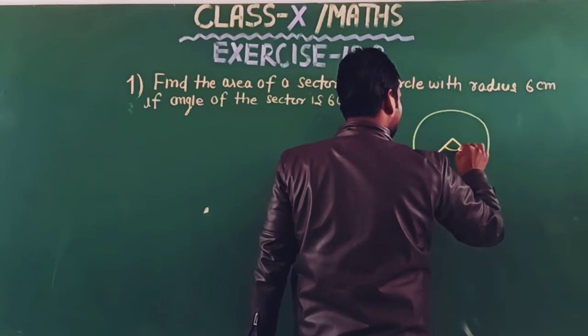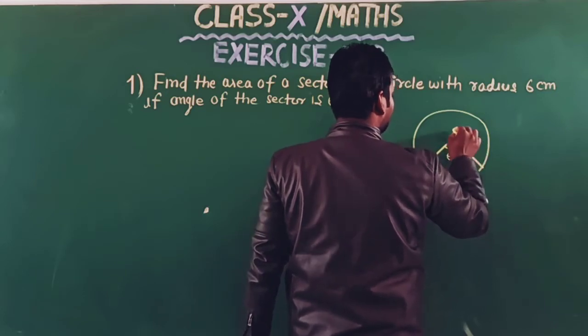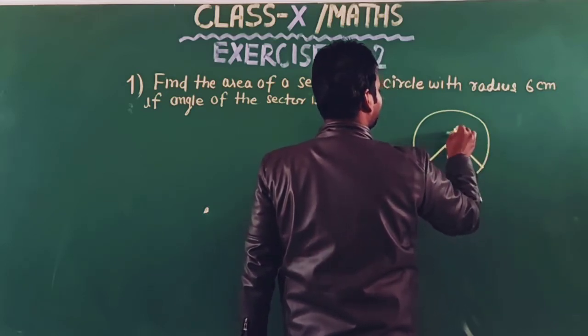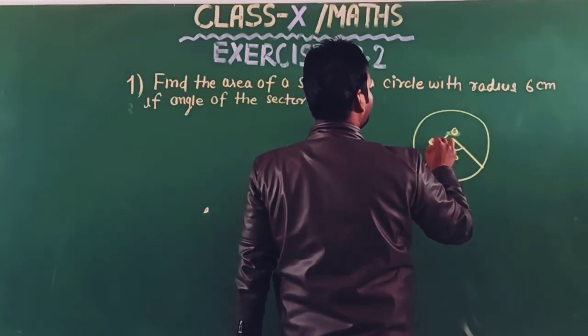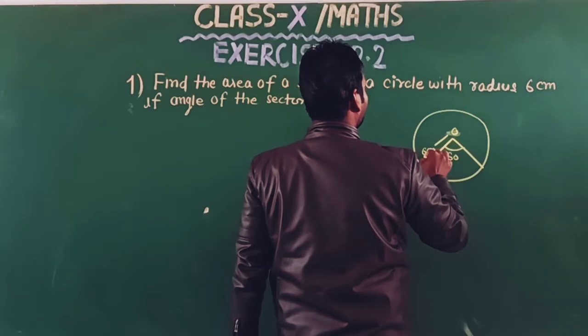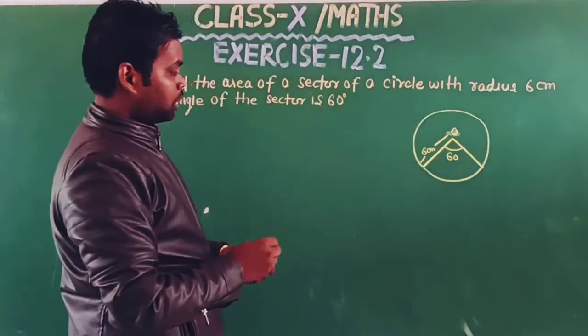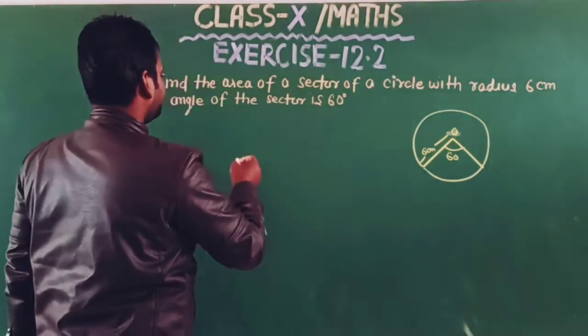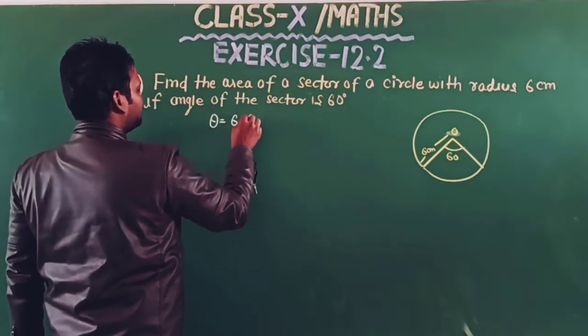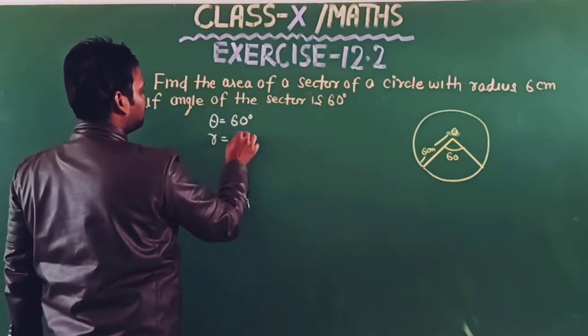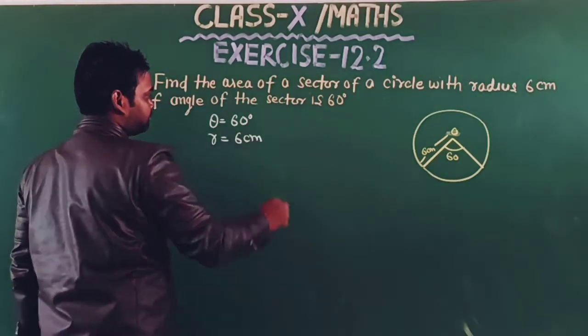This means theta equal to 60 degree and radius r equal to 6 centimeter.